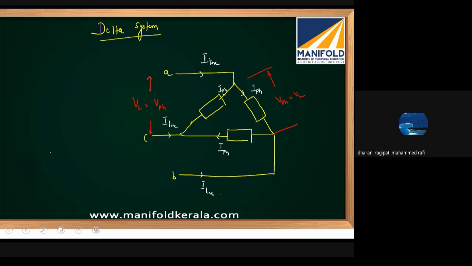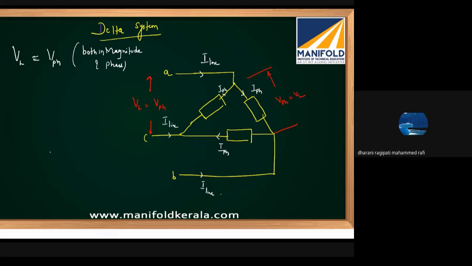So what you have to remember in a delta connected system, the line voltage is same as the phase voltage, both in magnitude and phase. This you might have learned in your circuits, but these are the things that we require.